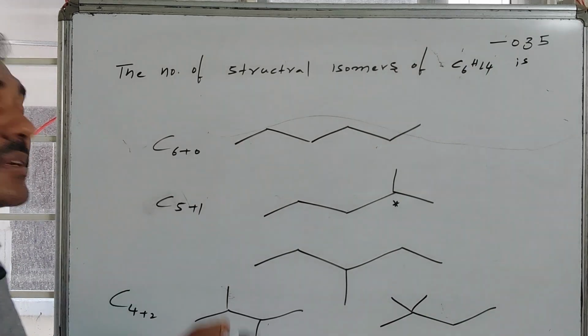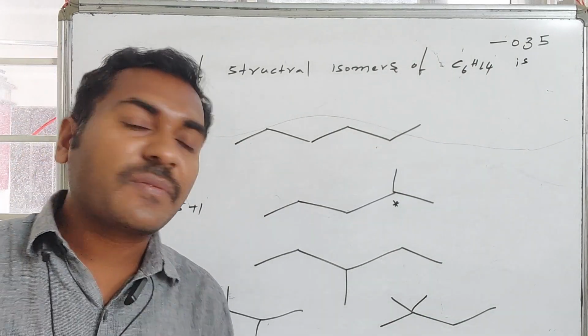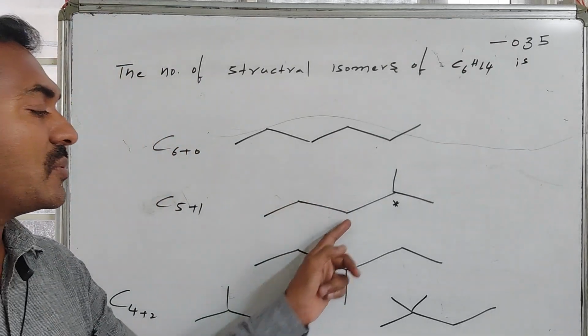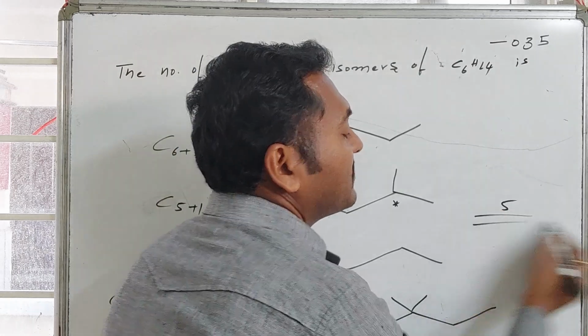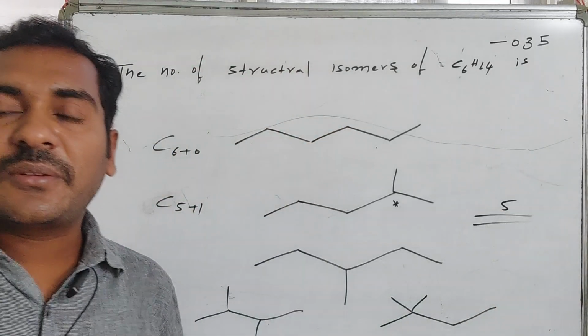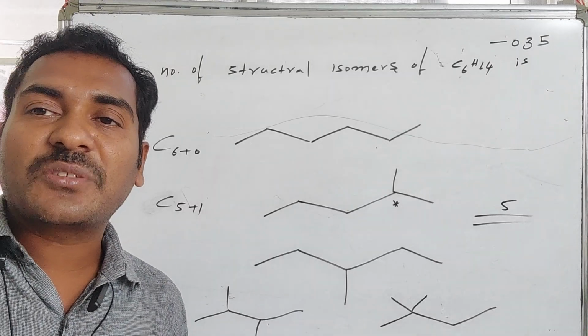If I am just counting the structural isomers, the total number of structural isomers for this given formula becomes 1 plus 1 is 2, plus 1 is 3, plus 1 is 4, plus 1 is 5. 5 structural isomers are present.